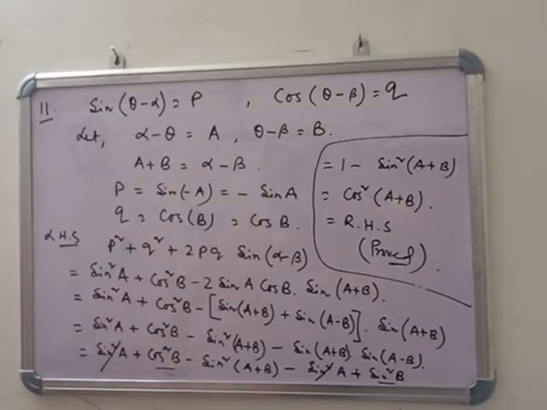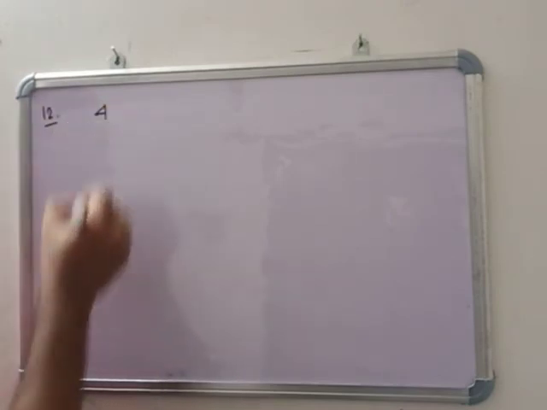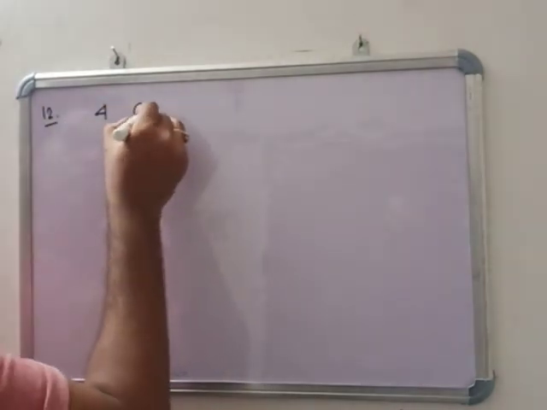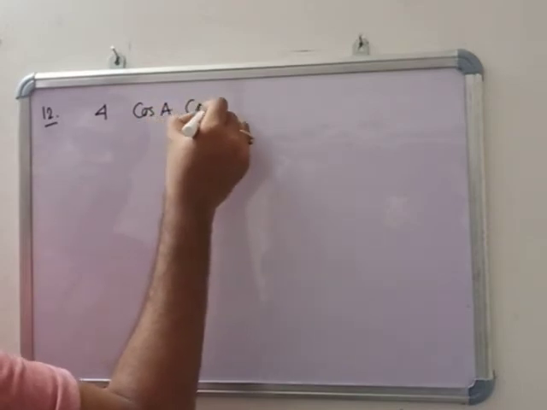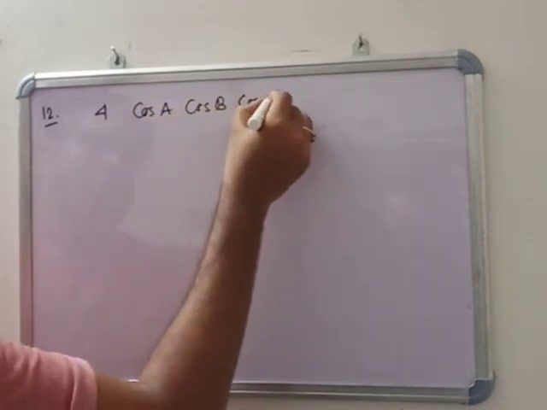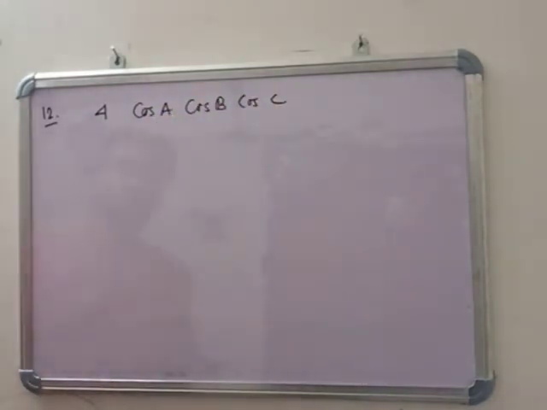Next one. In number 12, see that 4 cos A, cos B, cos C is given. I have to express this as a sum of 4 cos term.